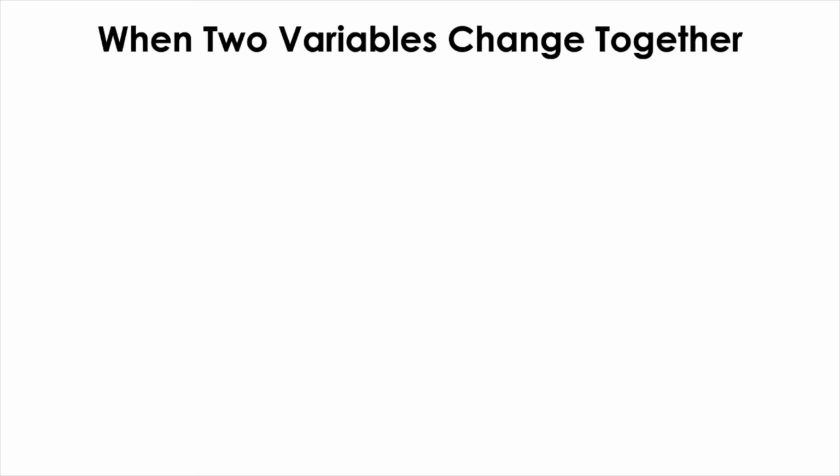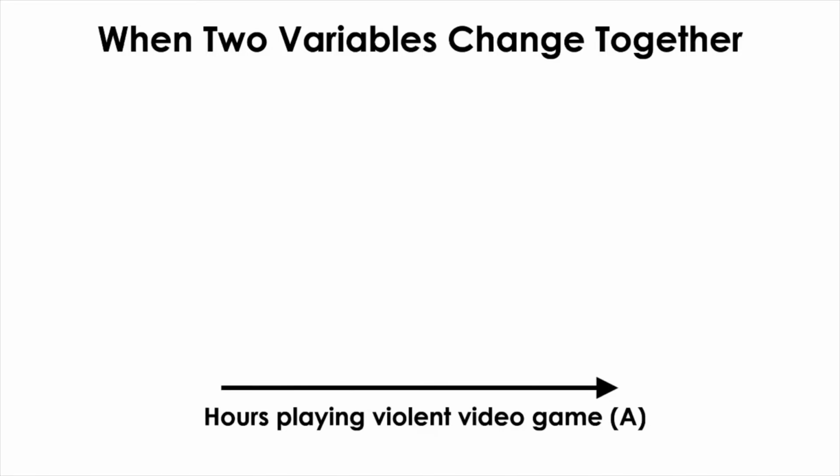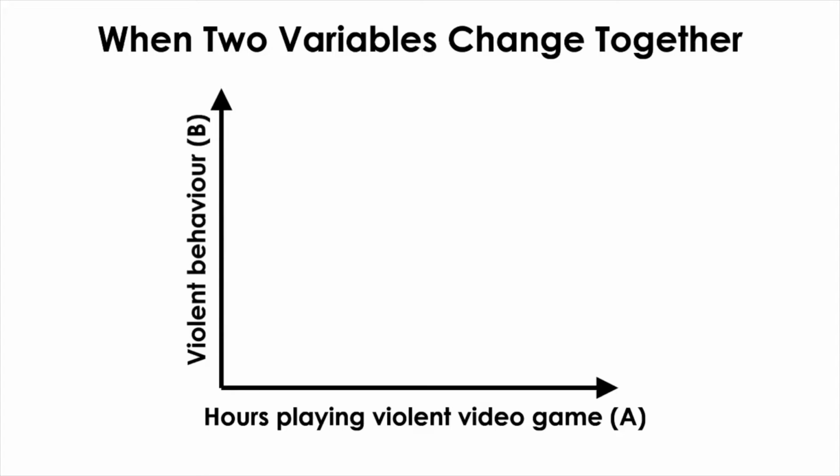So, this is the hypothetical result. On the horizontal axis, we have our explanatory variable A, which is the number of hours playing violent video games. And on the vertical axis, we have the response variable B, which is the violent behavior.